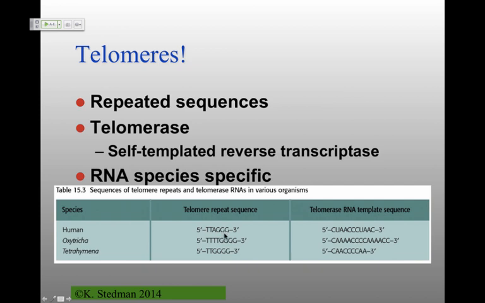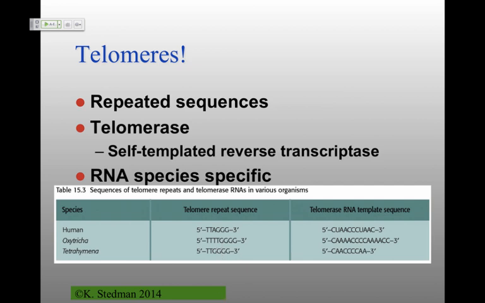So here in humans, it's TTAGGG. I don't try and remember that sequence. But there are many, many copies of it, usually hundreds and sometimes even as many as thousands of copies. In other organisms, you have other sequences. It doesn't seem to matter what that actual sequence is. It's just that you have many copies of a sequence.